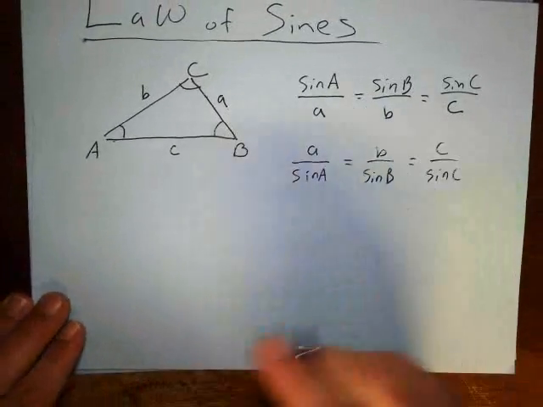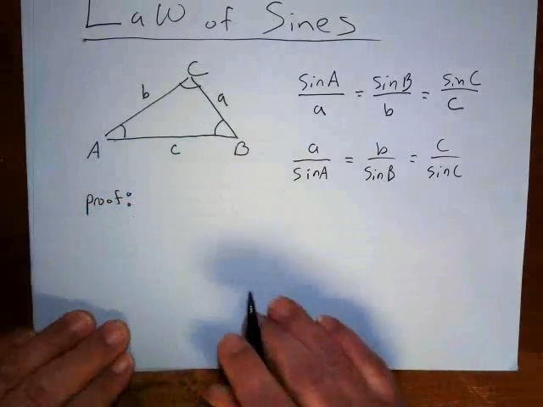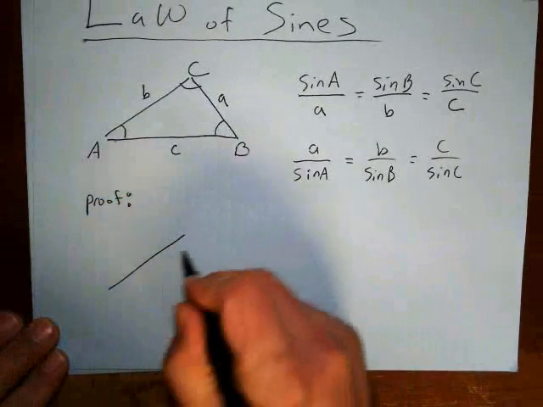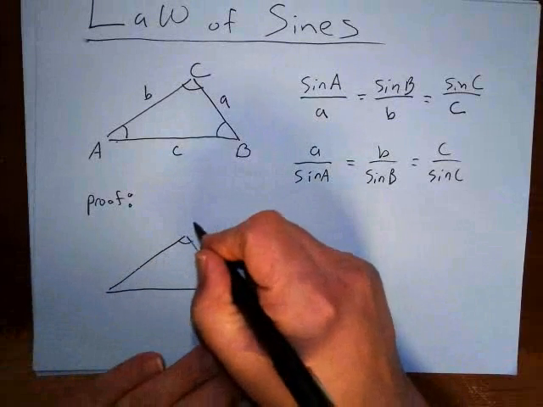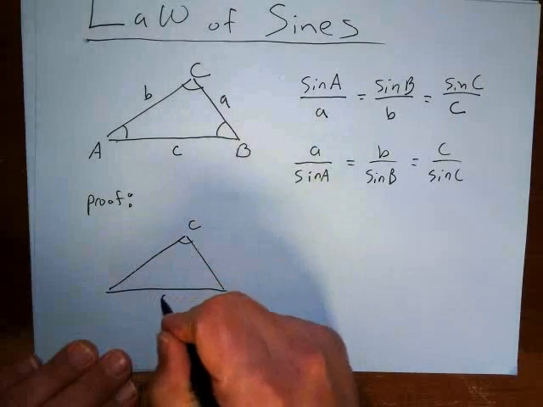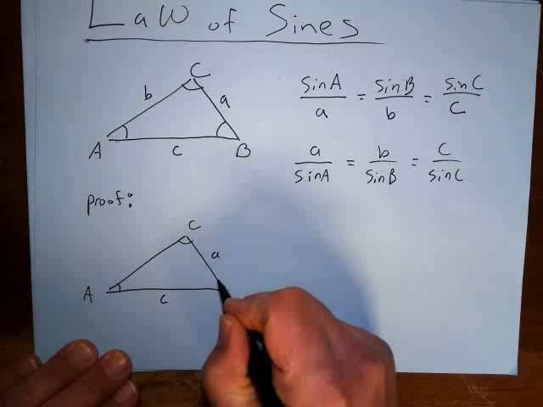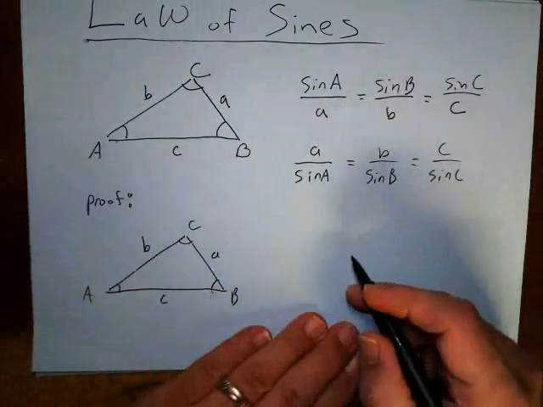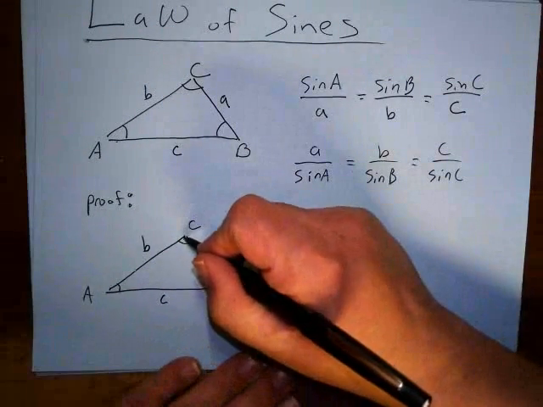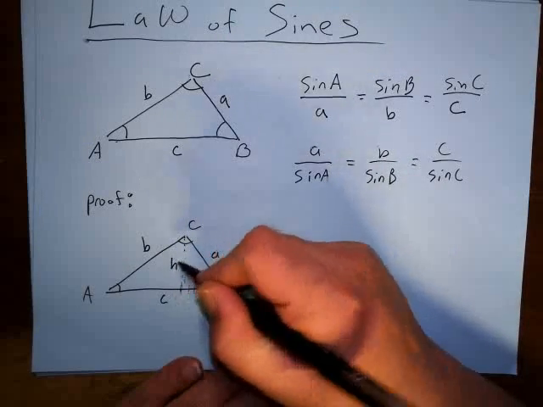It actually ends up being pretty easy to prove this, and I think it's worth showing the proof here. So this is angle C inside C, angle A inside A, angle B inside B. I'm going to drop this down like this, and we'll let this be the height.